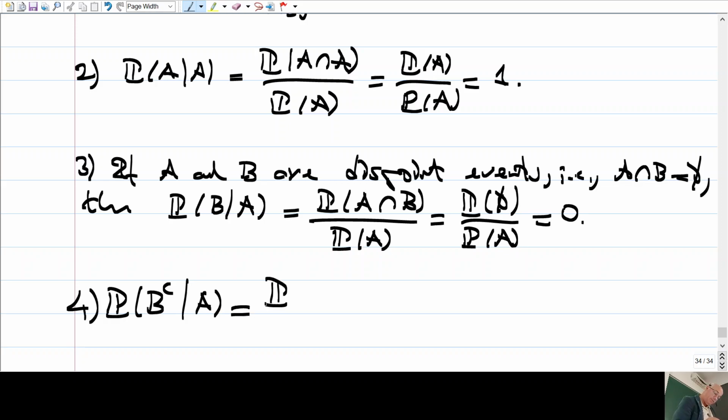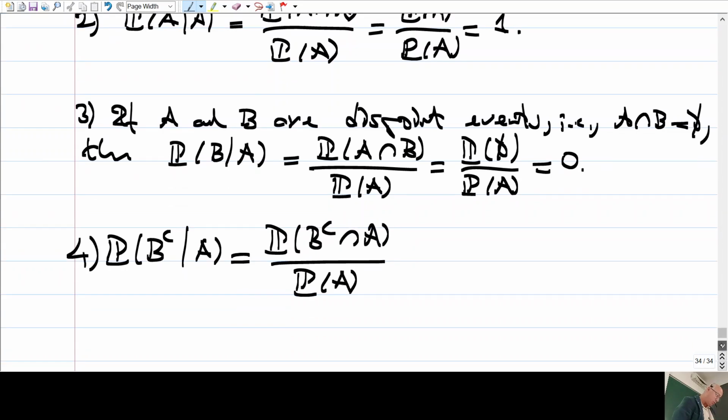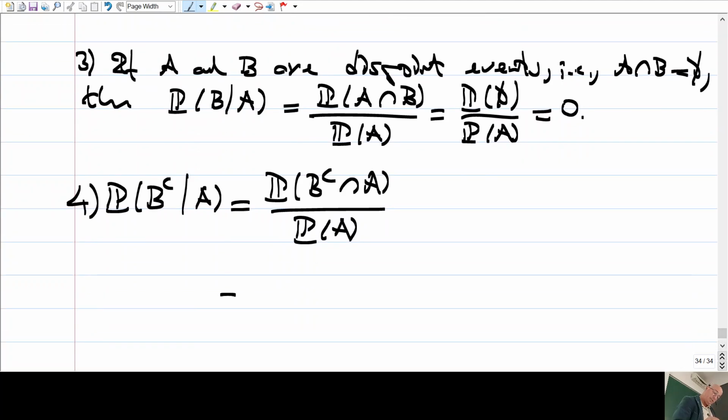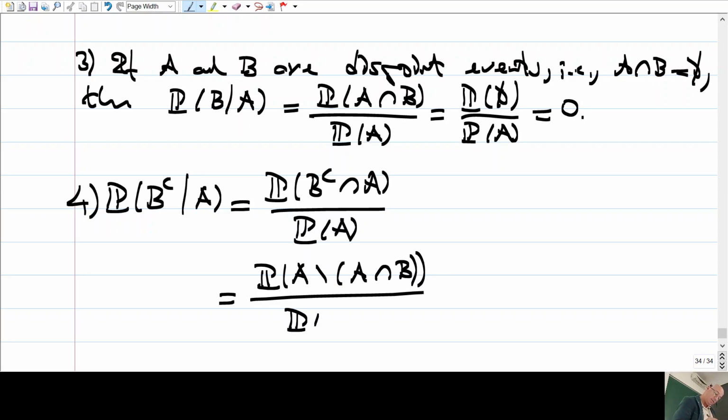Well, this is by definition P of B complement intersection A divided by the probability of A. And this can be written as P of A intersection complement of B. A intersection complement of B is what?